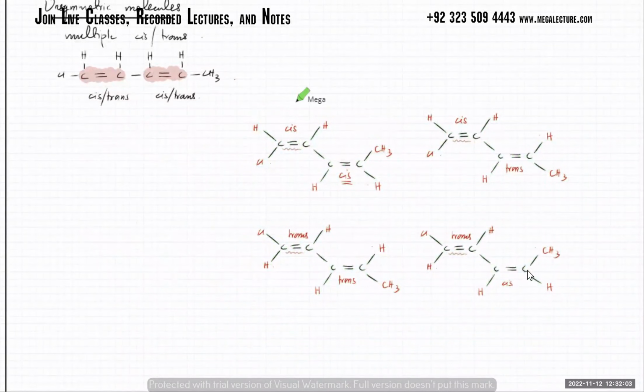All you have to do is just make a table: the first one is cis and the second one is cis; the first one is cis and the second one is trans; the first one is trans and the second one is cis; या फिर आखिरी जो है ना, both of them are trans. Is that clear? अच्छा, ये clear है बात सारी?